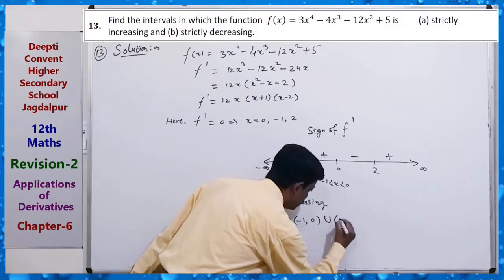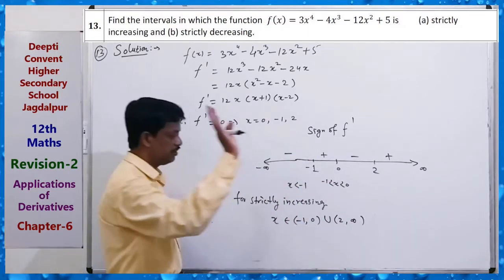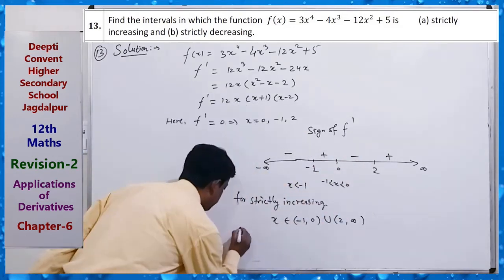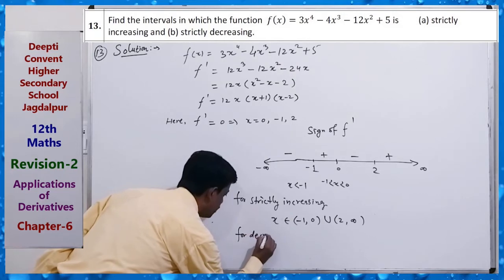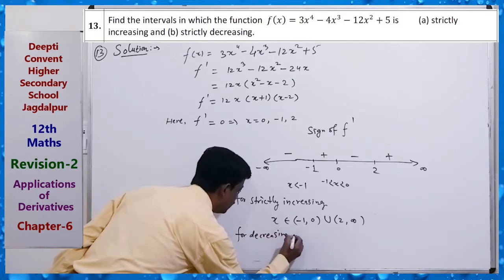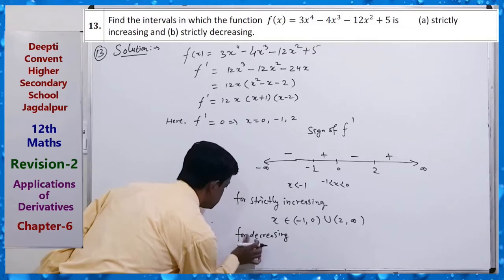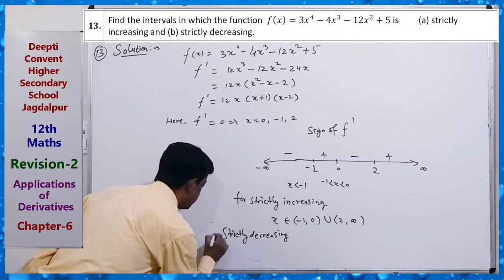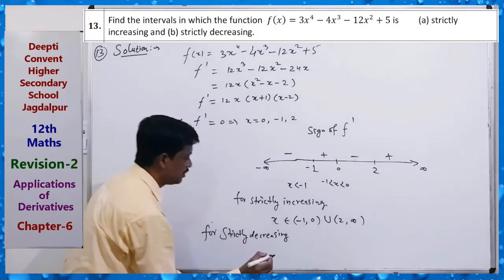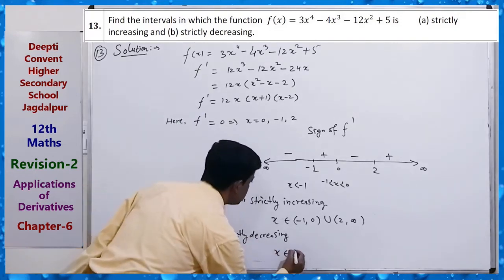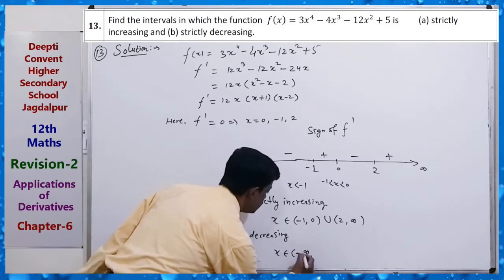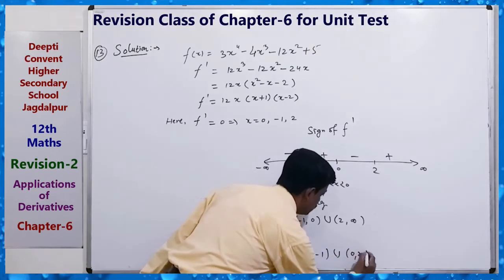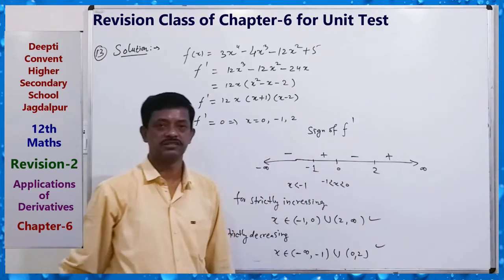This will be the interval, union of both intervals. And for strictly decreasing, x belongs to, you have to write the interval only, minus infinity to minus 1, union 0 to 2. So these are our answers in this question.